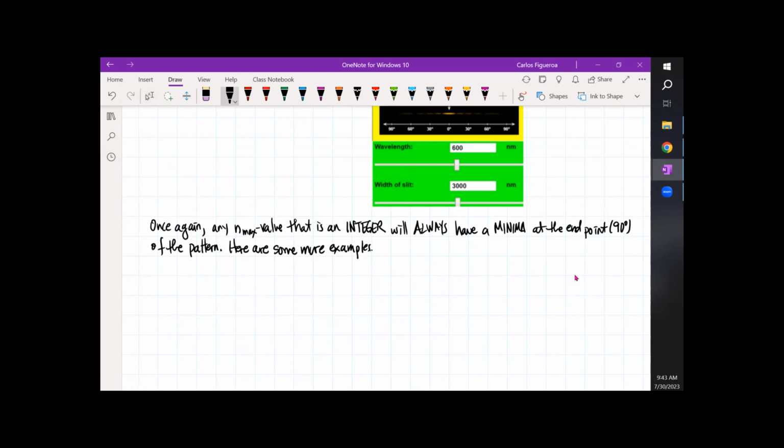So what happens if I have a pattern that looks something like this? And I get Nmax equal to 1. That tells me immediately that my pattern looks like this. And so that means that at this point, this is 90 degrees. And you could see here that this is n equal to 1.